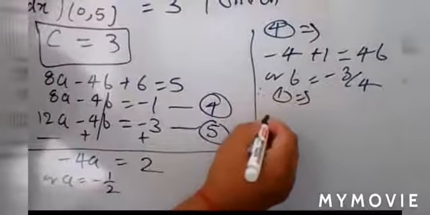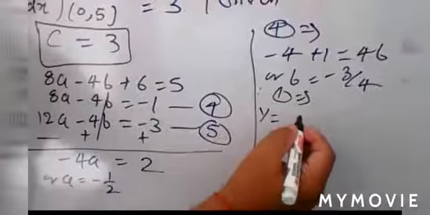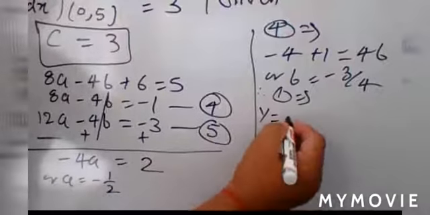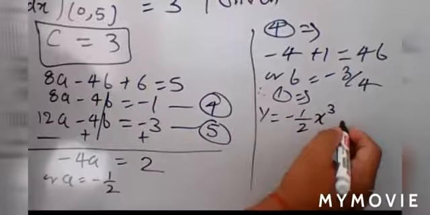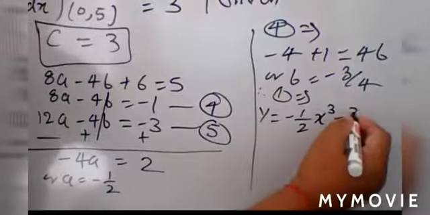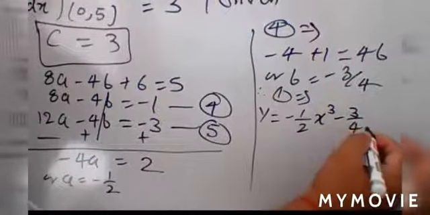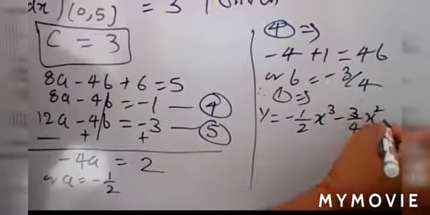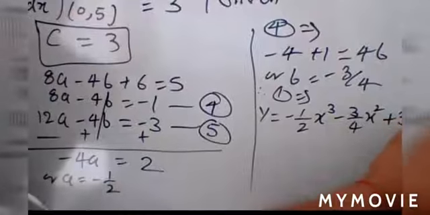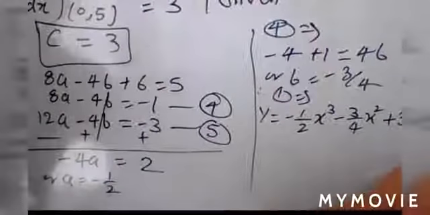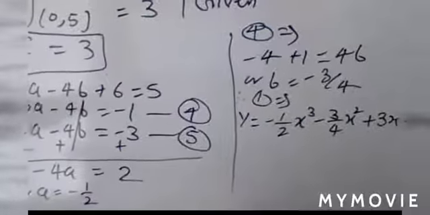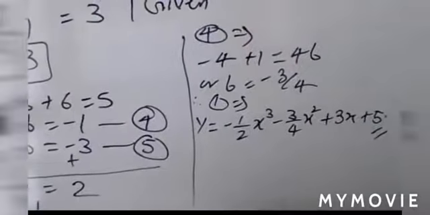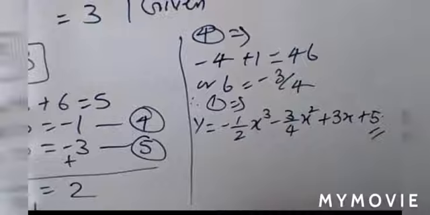So 1 implies y is equal to the value of a times x cube, and the value of b is minus 3 by 4, so you write minus 3 by 4 into x square plus 3x plus 5. That gives the answer, the equation of the curve.